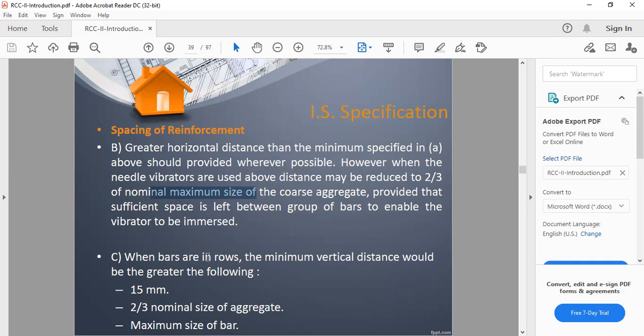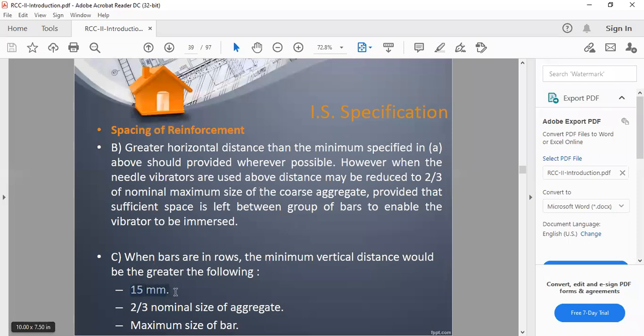Then when bars are in rows, sometimes you have to provide the bars in rows. So suppose you have to provide the bars in a top row or bottom row. In that case, you can simply go ahead with the calculation, and the minimum vertical distance would be the greater of the following.